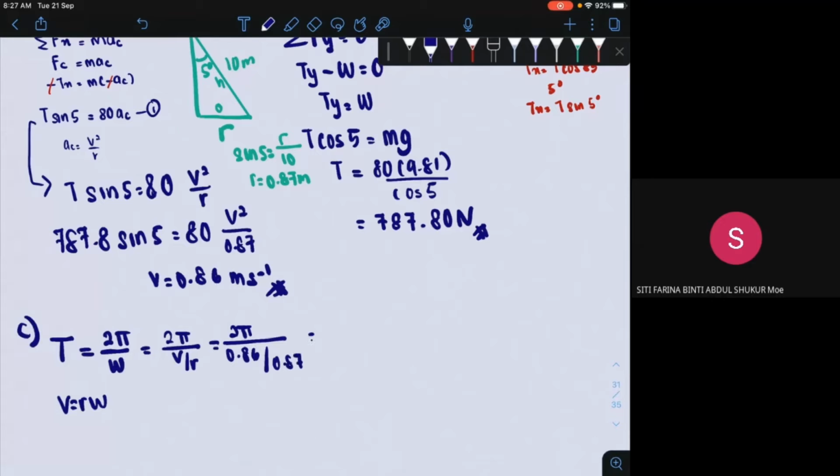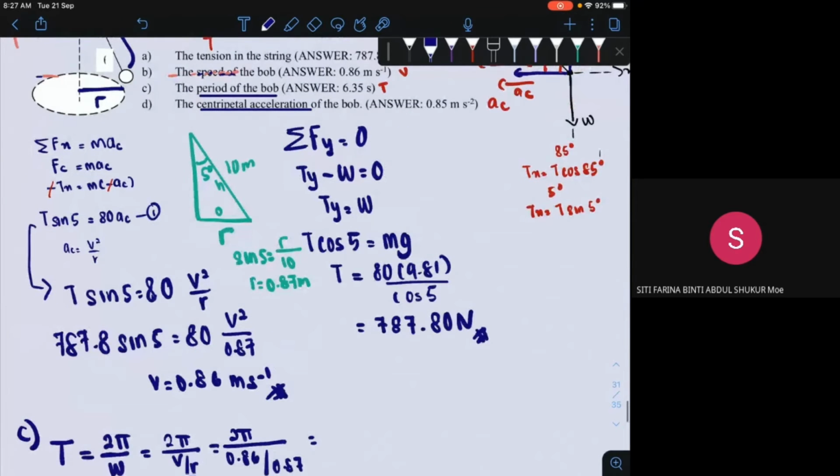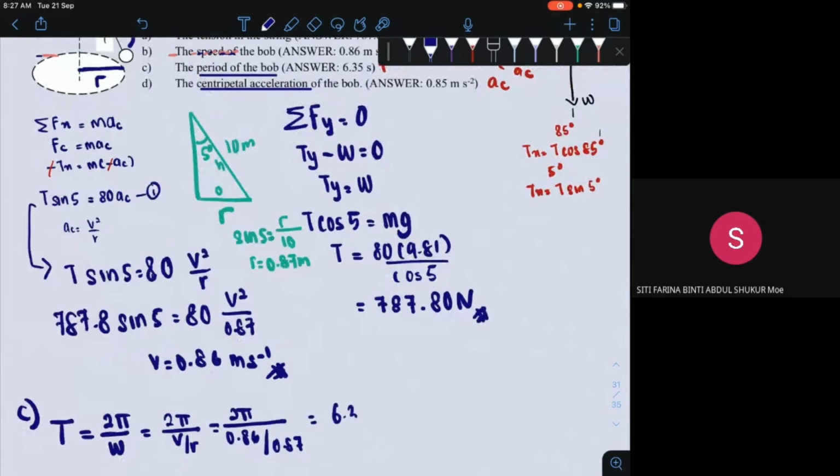And then you press your calculator, you will get your period such as 6.35. I think yes lah, betul lah tu. 0.87 to shift pi, divide answer yes. 6 point. Saya dapat 36 sebenarnya.